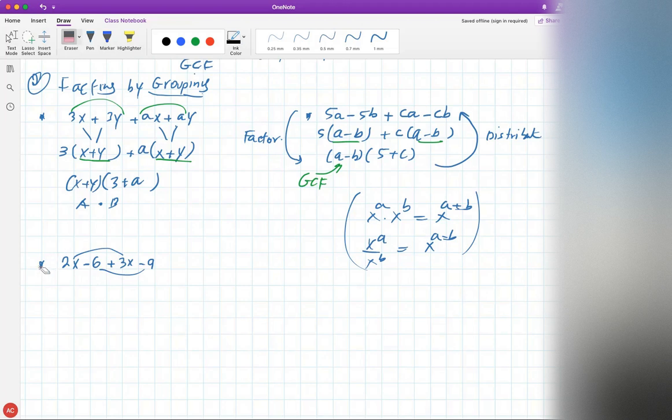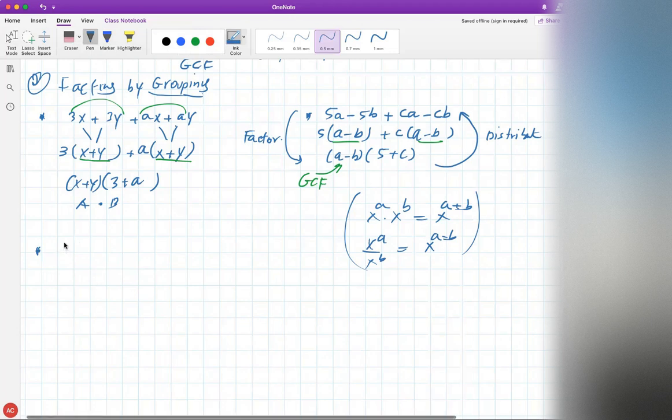By the way, some things can't be factored. Sometimes you don't have a common factor, which is fine. For example, we have 3x plus 7, and you want to factor this. There's no common factor here, no number, no letter, so that's fine.